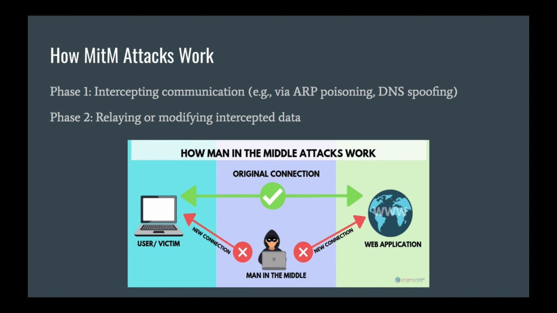So as you can see in this illustration, this is how it works. Normally, the user or the victim computer communicates directly to the web application. But with the man in the middle, the hacker can intercept data coming from the victim computer before it reaches the web application or the server.